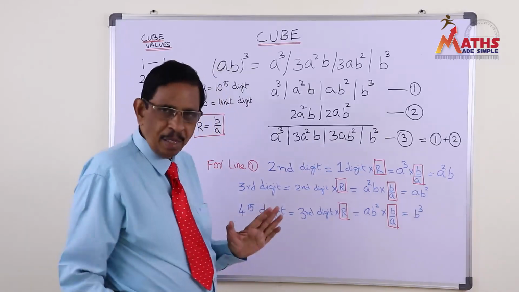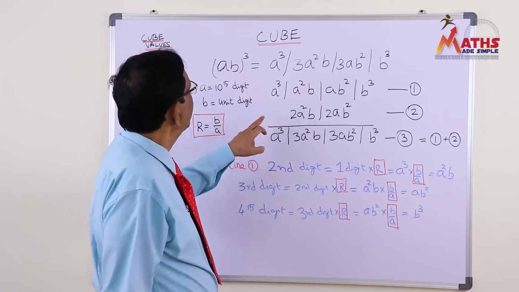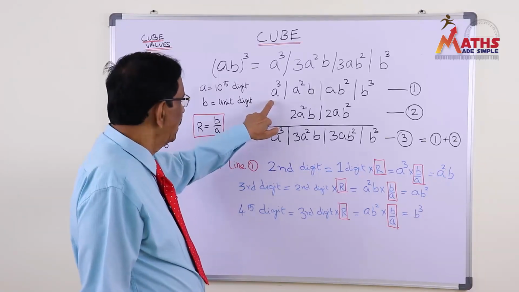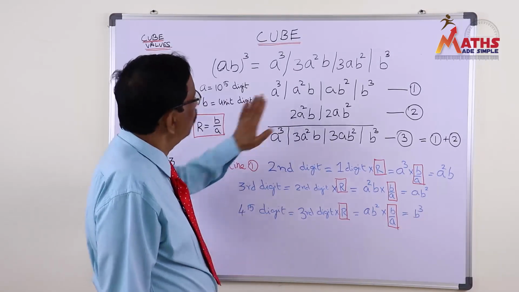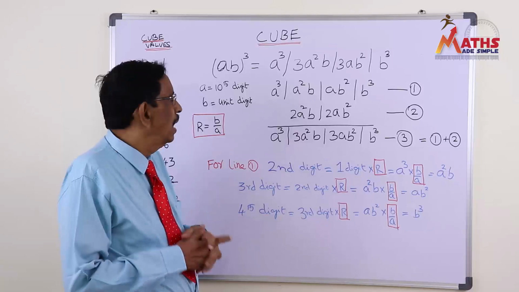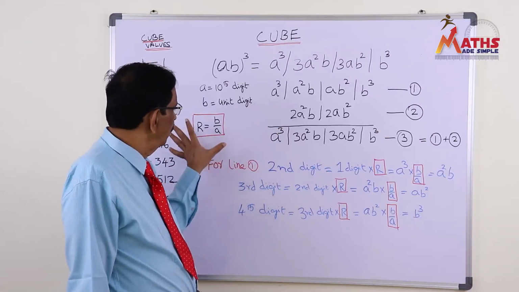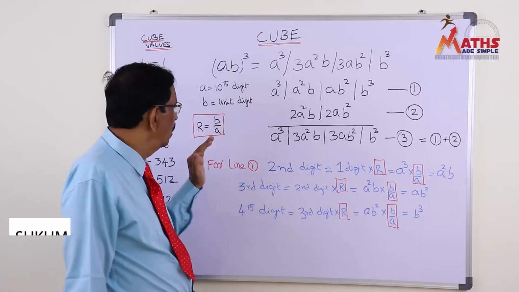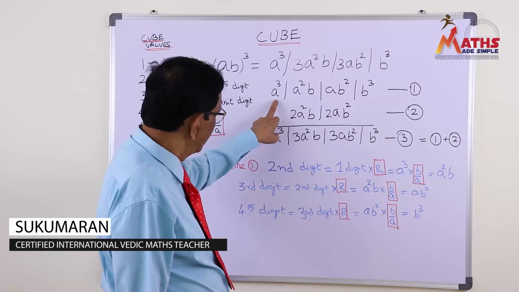That means, let me summarize in a simple way. In the first line, a cube I will take from this chart and put the value there. Then to arrive at the second digit, I will multiply the first value by ratio R. We will work out this ratio first, and whatever is the value, that value will multiply the first digit.